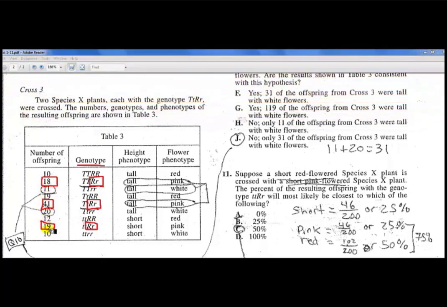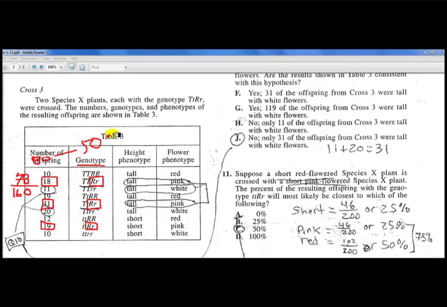18, 41, and 19 gives you 78 total with this genotype. 78 of what? Add this up. 10, 18, 11, 19, 41, 20, 12, 19, and 10 gives you 160. 78 is close to 80. 80 over 160 is half, or 50%.